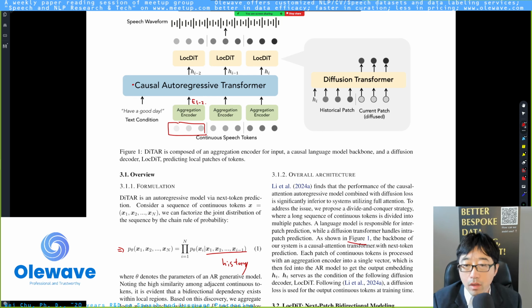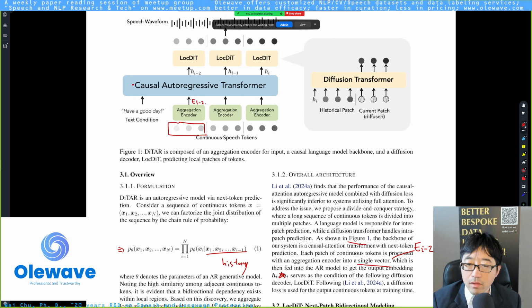Yeah, this is what they're talking about, the single vector. I would call that E i minus 2, okay. And then they get H. H is serving as a condition of the following distribution, LocDiT.